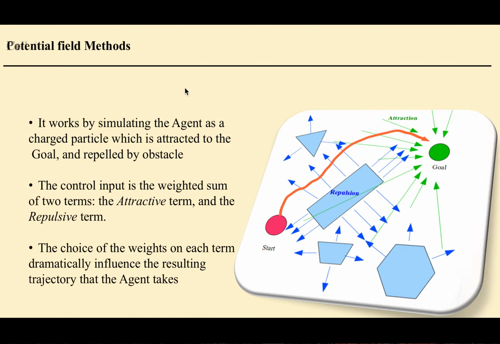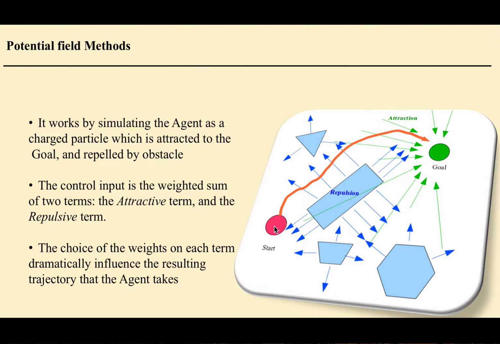The next method that we're going to take a look at is the potential field method. This method works by simulating the agent as a charged particle, which is attracted to the goal and repelled by the obstacles. So we're using some physics here, and we're using physics formulas by creating a repulsion field on the obstacles and an attraction field on the goal.